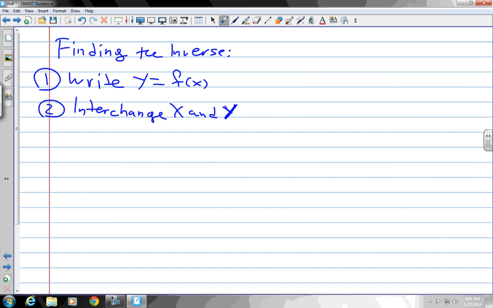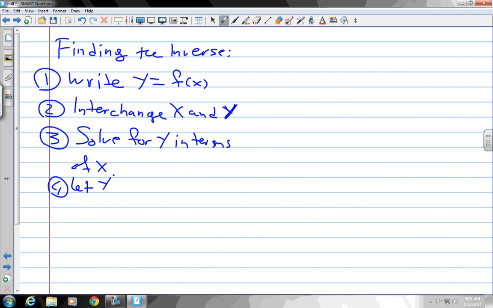The third step is the really important one. That's when you solve for y in terms of x. So whatever you end up with is the inverse function. Let y equal the inverse function.